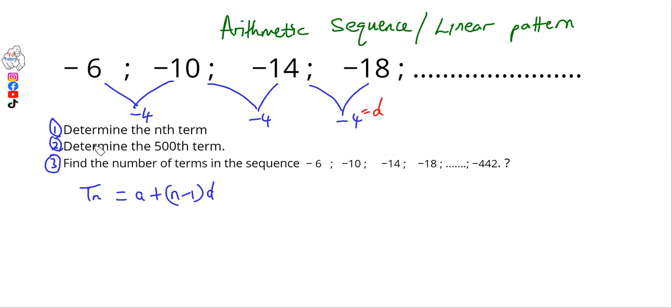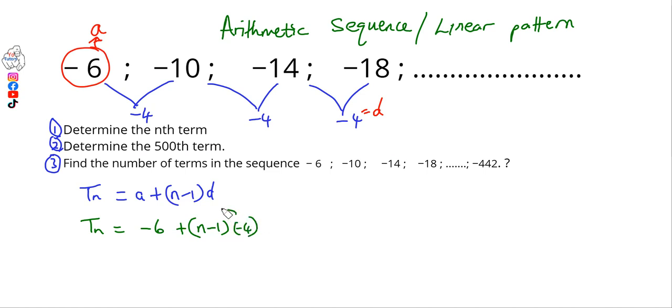Then what else do we have? Our a is just negative 6, so we don't need to stress about that. Now let's put in the information. Tn is equal to a, which is negative 6, plus n minus 1 times d, which is negative 4.